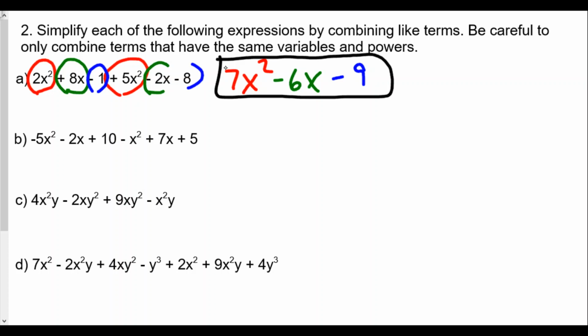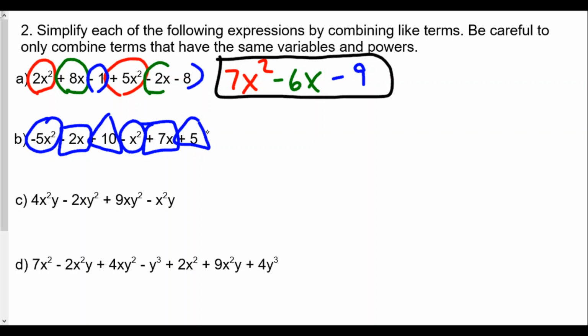Circle them separately. Or if you want to, we can use different shapes. For example, circles for the x squareds, rectangles for the x's, and triangles for the constants.